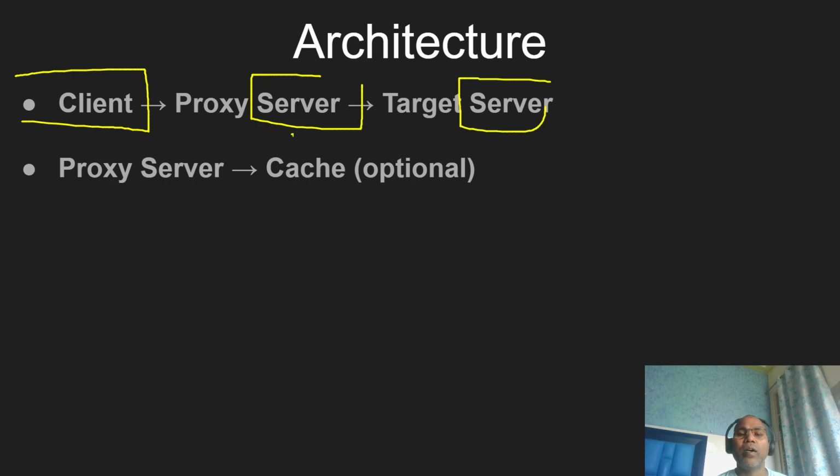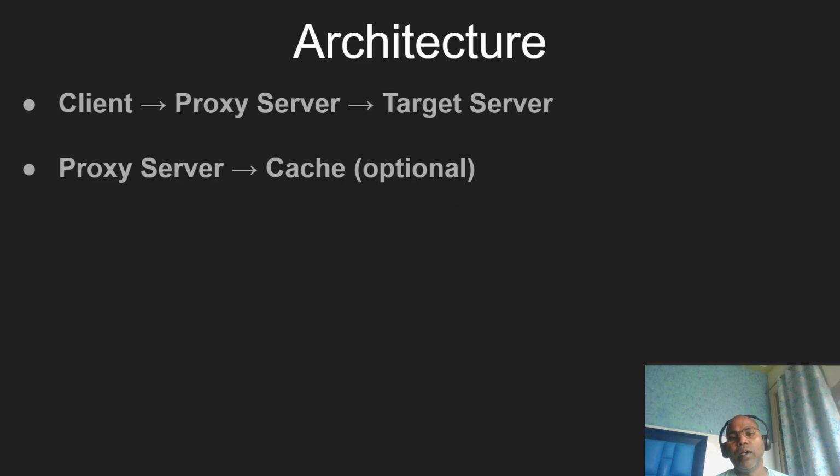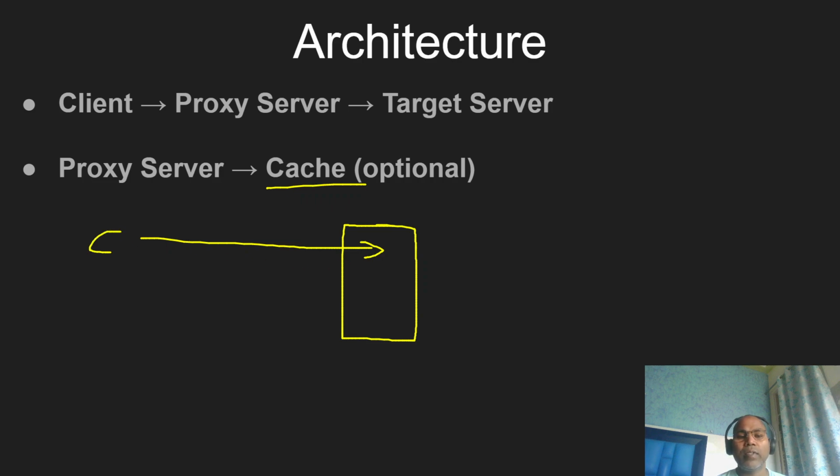Sometimes after the proxy we can also place a cache. Let's see in this example that cache is optional, but it can be implemented to improve performance. This is our proxy. A client sends a request, and the proxy server talks to the original server.